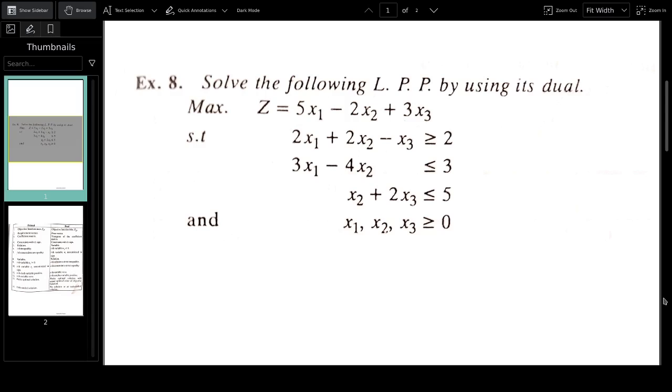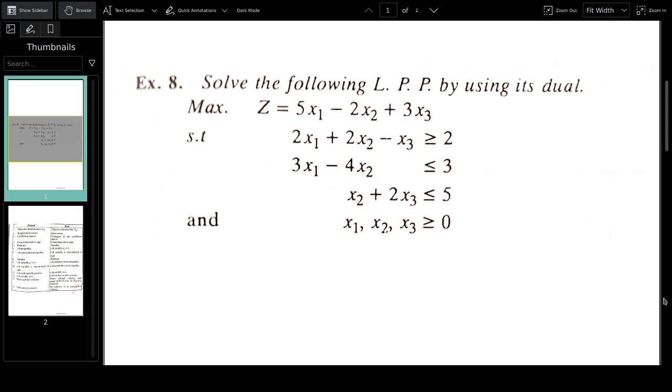Yes, good. So here you see first inequality is greater than or equal to 2. So first you convert it into less than or equal to. Right? So minus 2x1 minus 2x2 plus x3 less than or equal to minus 2. Then this is the standard primal form.